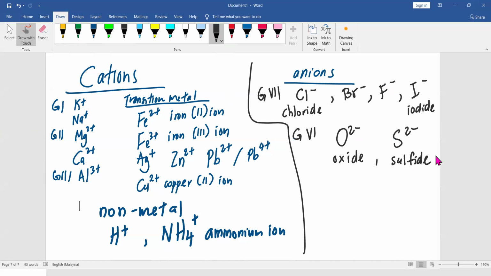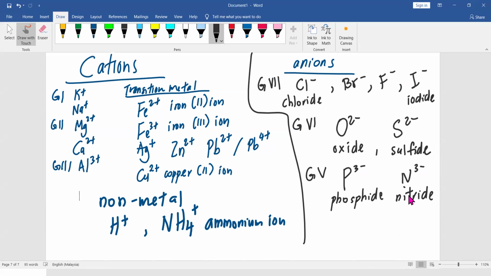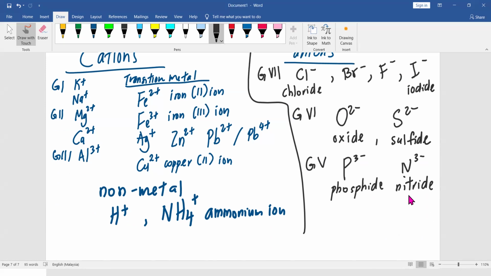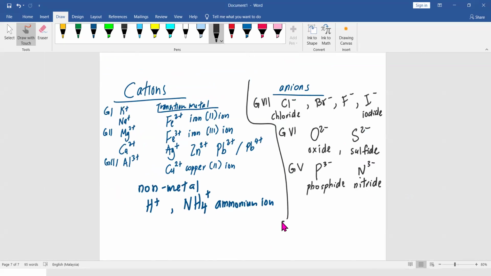Group 5 will be 3 negative: phosphide, nitride. Anions have complicated ones.